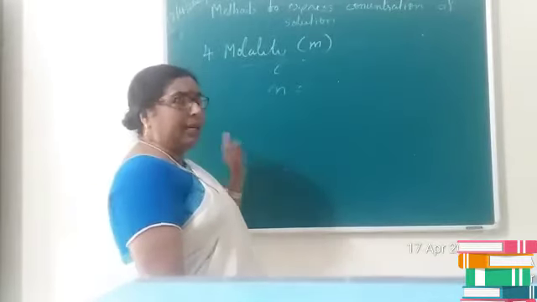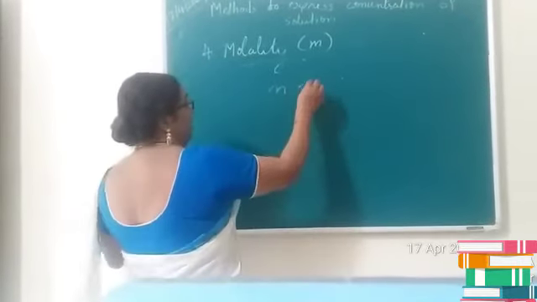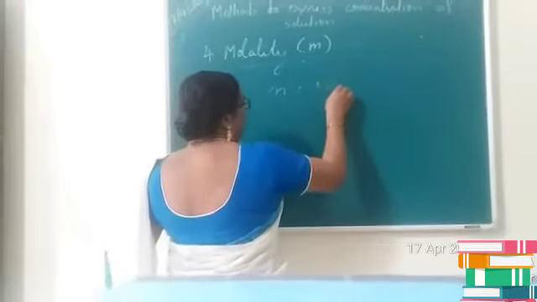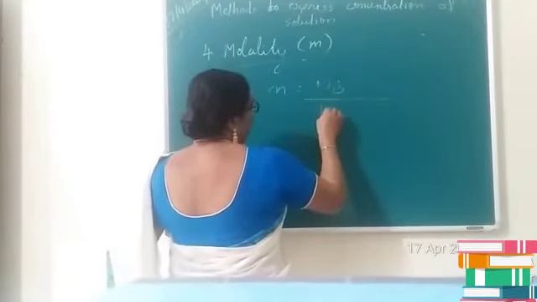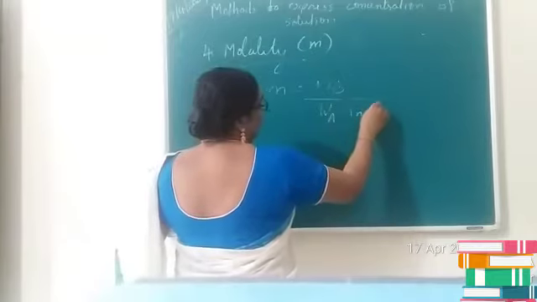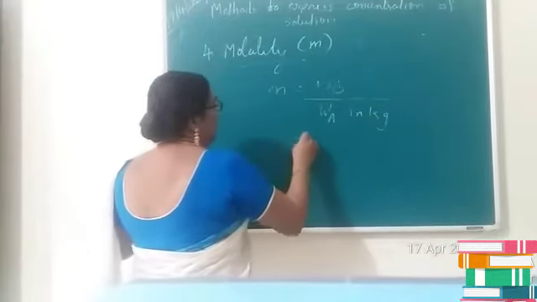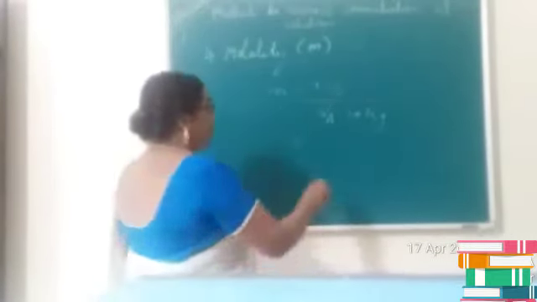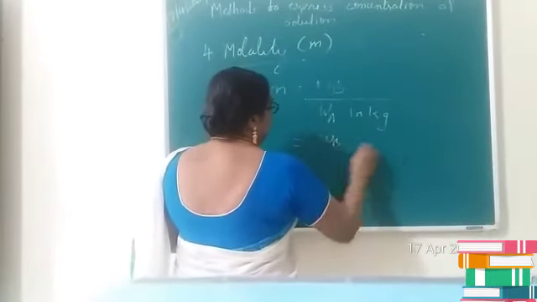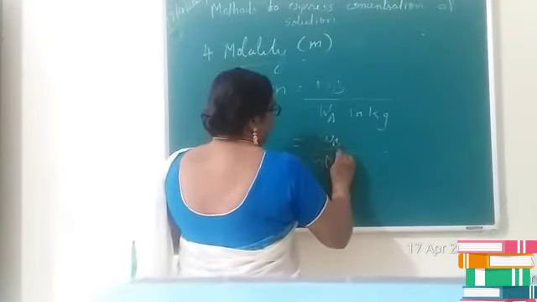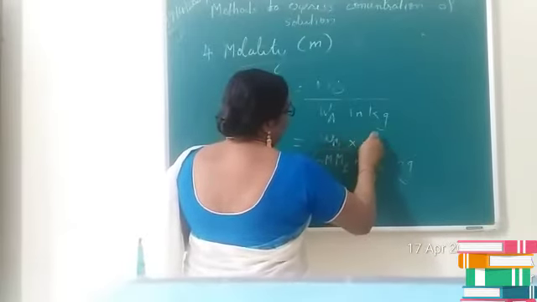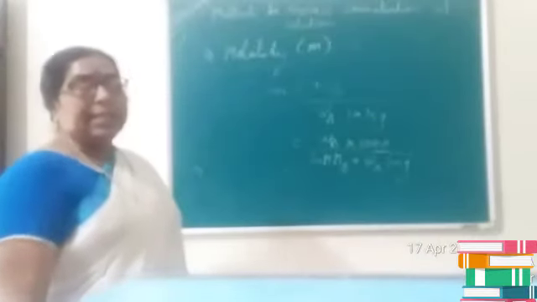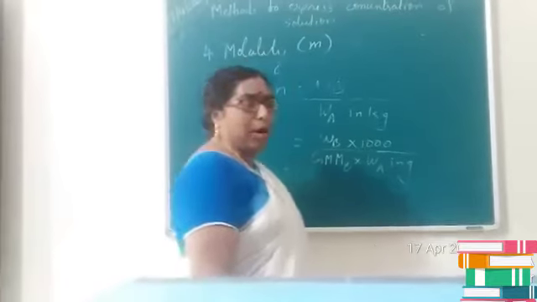That is, molality is equal to number of moles of solute divided by mass of solvent in kg. Again, number of moles of solute is given mass divided by gram molar mass, so molality equals given mass into 1000 divided by gram molar mass into mass of solvent in grams. Is it clear, children? This is how we can calculate molality.